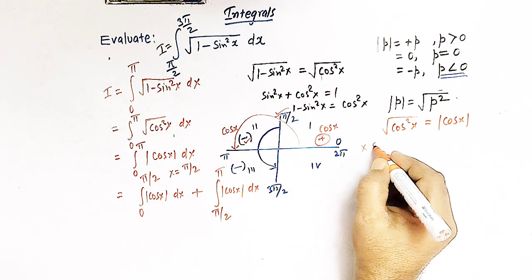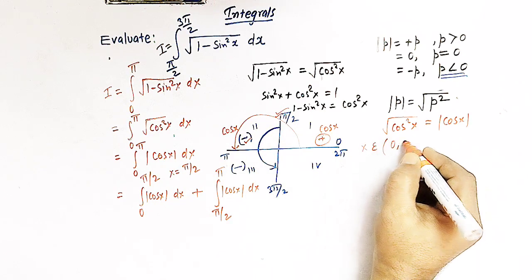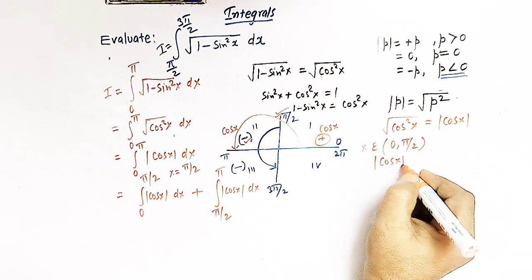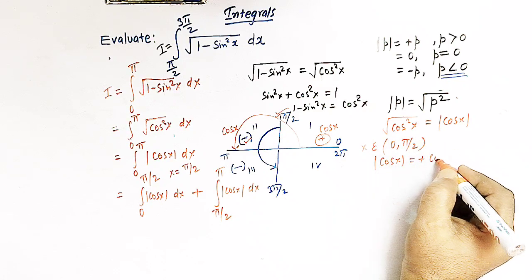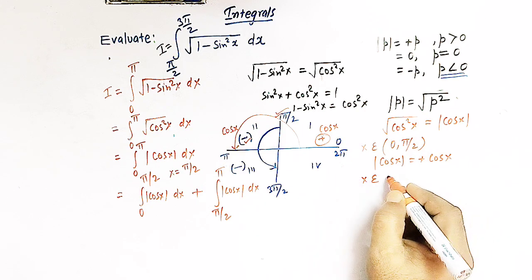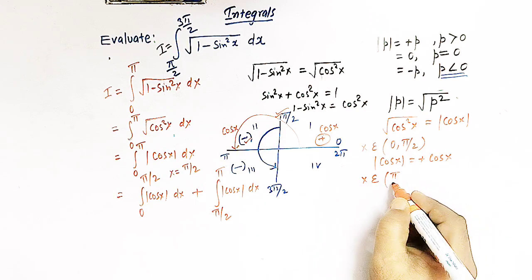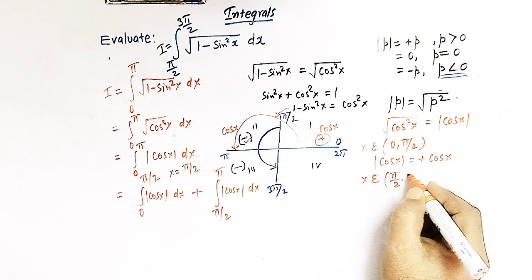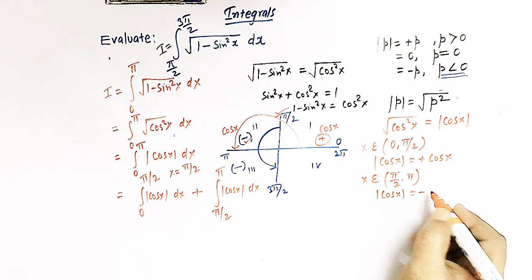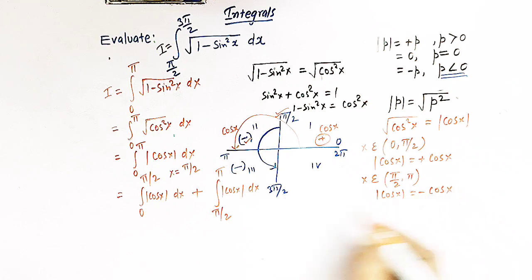So when x belongs to the interval 0 to pi by 2, then mod of cos x is positive cosine x, right? And when x belongs to the second quadrant, that is pi by 2 to pi, then mod of cos x is the negative cosine x.